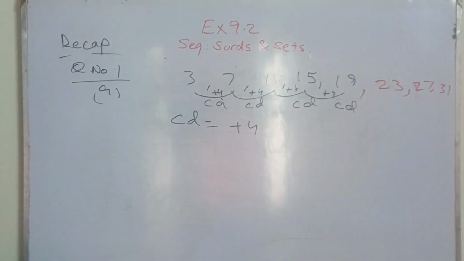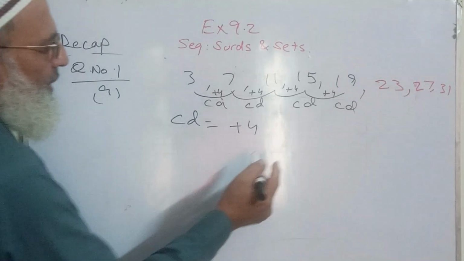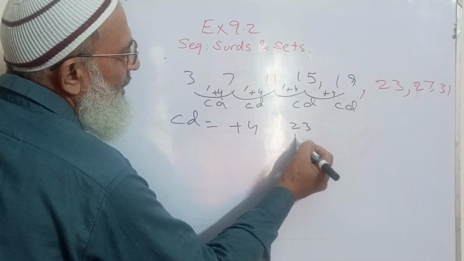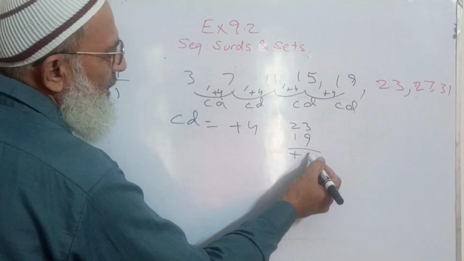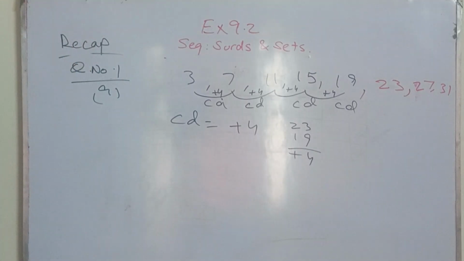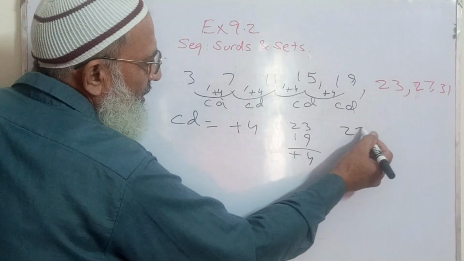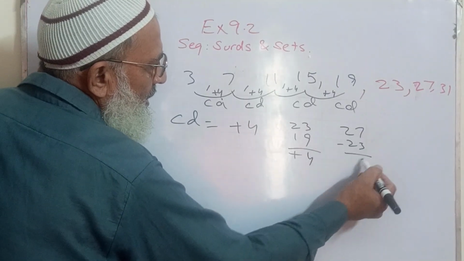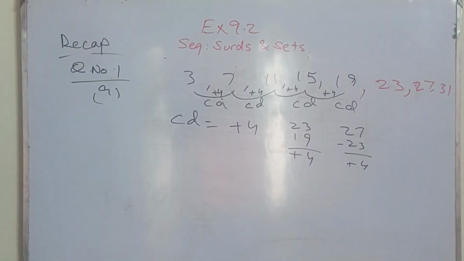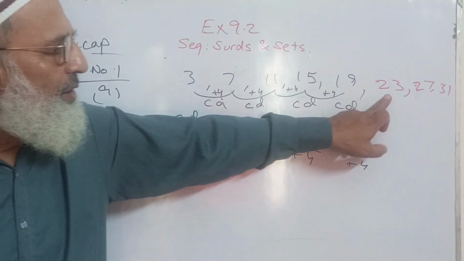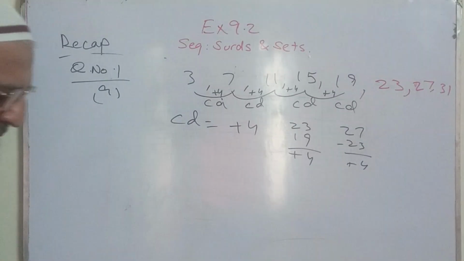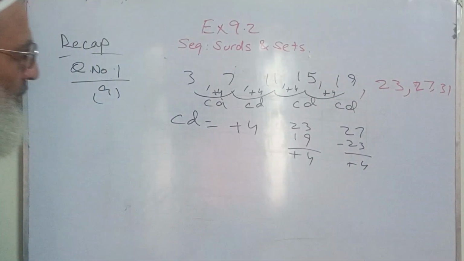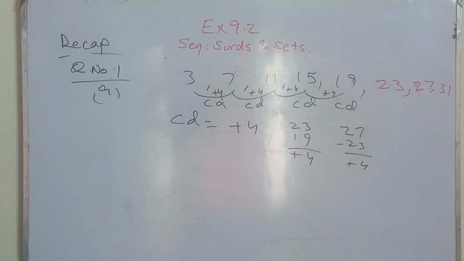If you want to check it, you can do 23 minus 19, the CD is 4, and 27 minus 23, the common difference is 4. So our answer is 23, 27 and 31. It's quite simple. All three parts are like this, so we need not waste our time.